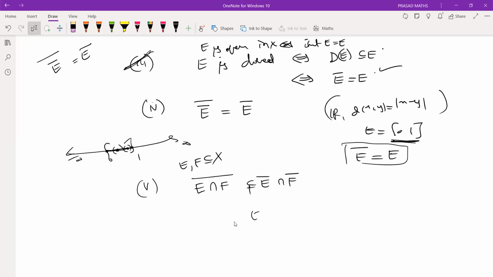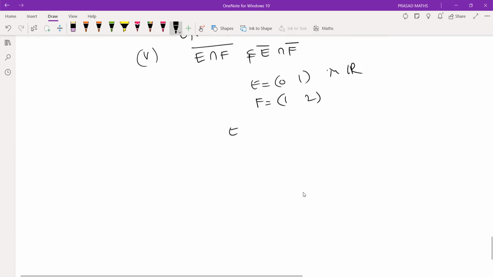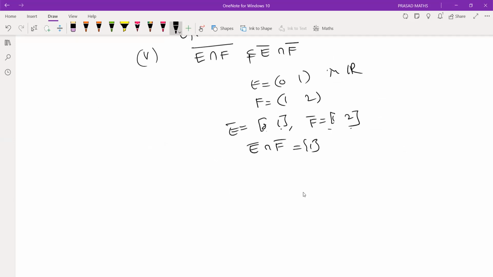You can directly do it. Take E as the open interval (0, 1) and F as the open interval (1, 2) in R with the usual metric. What is the closure of E? The closed interval [0, 1]. What is the closure of F? The closed interval [1, 2].